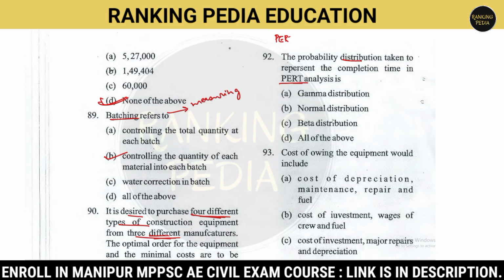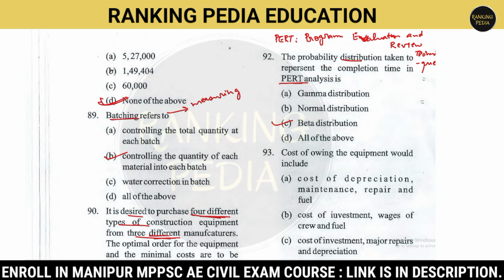PERT stands for Program Evaluation and Review Technique. So the probability distribution taken to represent the completion time in PERT analysis is the beta distribution. Option number C is correct.